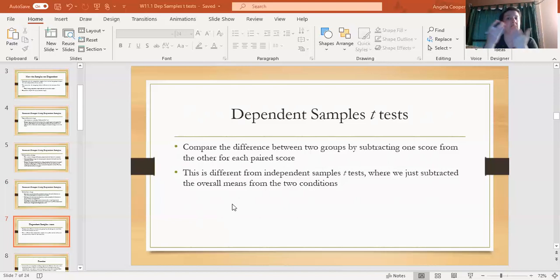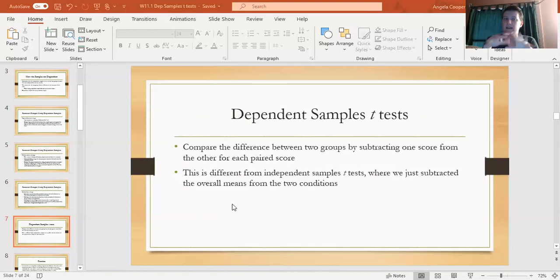We subtract them first. So, the first time you took the test, you got a 50%, 50 out of 100. The second time you took the final exam, you got 75 out of 100. So we would do 50 minus 75, and that gives us a negative 25. And then we start working with that data.